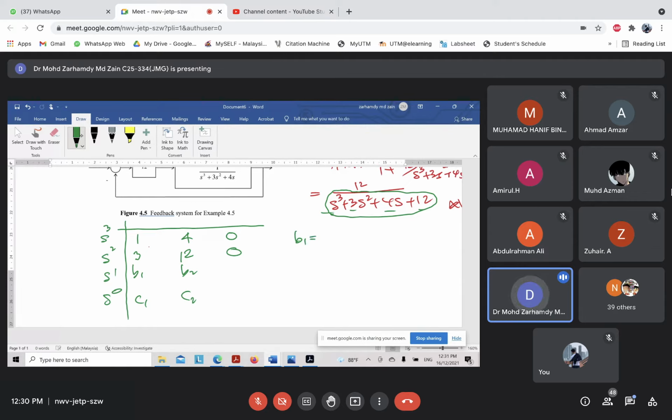So we have B1. B1 is 3 multiplied by 4 minus 1 multiplied by 12, divided by 3. So from here, it is basically 0, right?